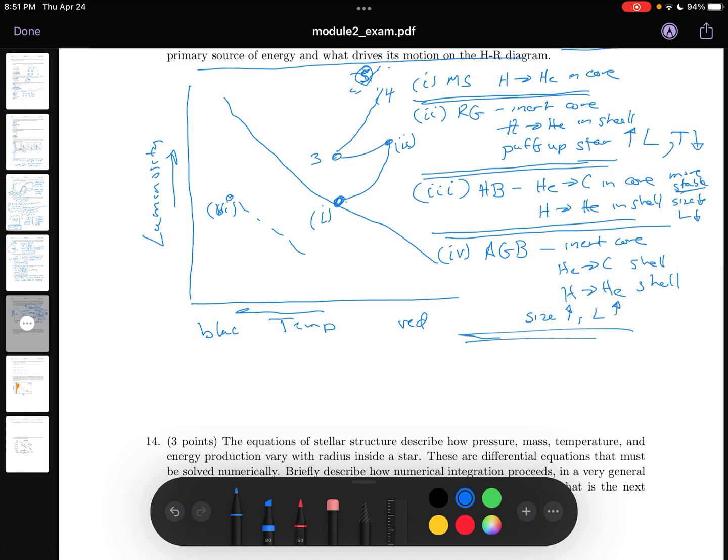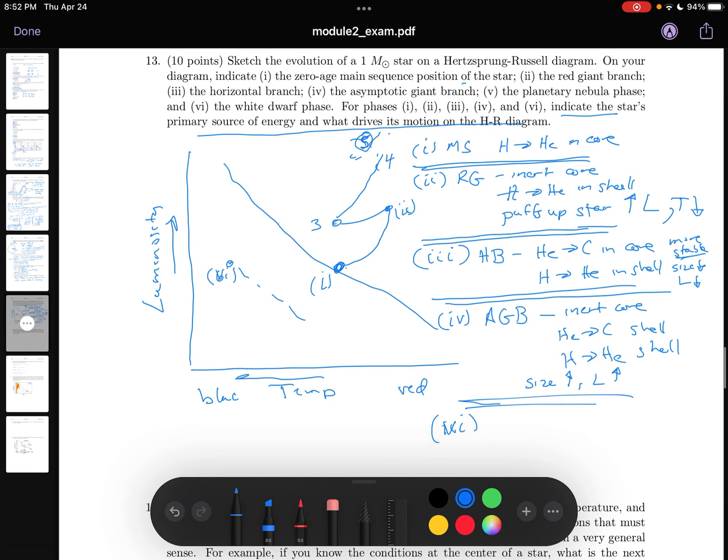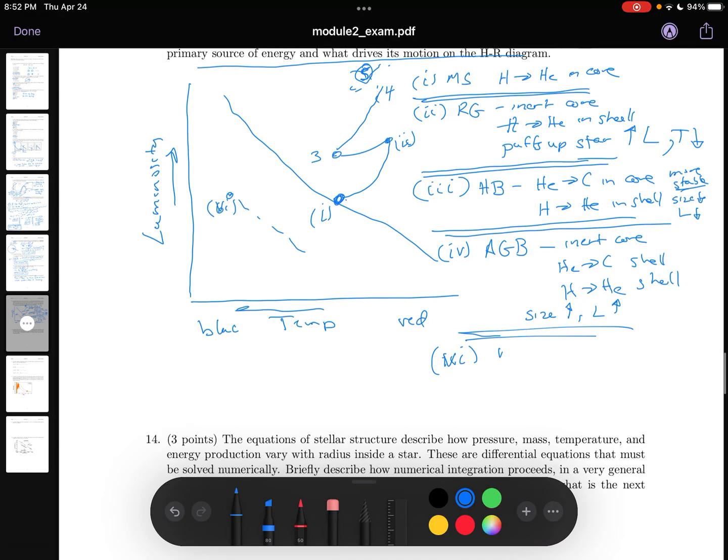So when we are in 6, there is no energy. So in the white dwarf phase, it's just cooling due to its hot temperature. We have electron degeneracy that's supporting the star.